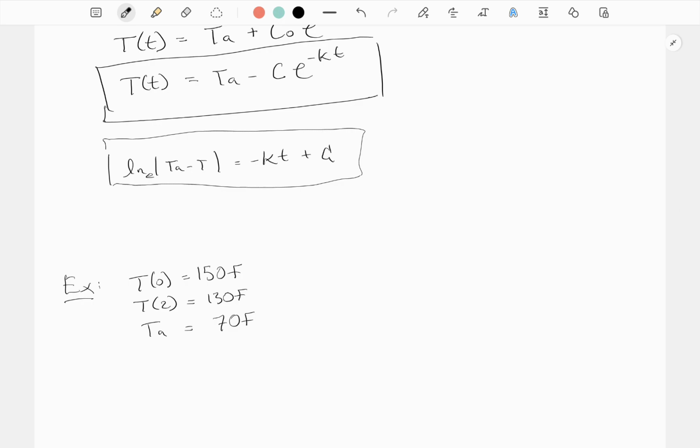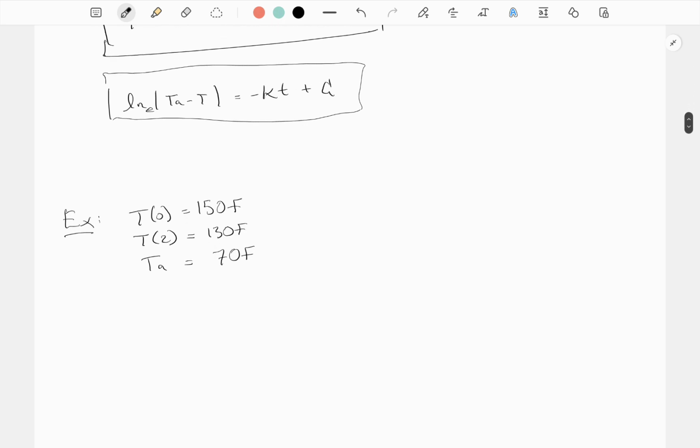Okay, so let's solve for k and c. Well, Ta is not unknown anymore. So we're going to use these data points to solve for k and c. We're going to plug them in, and then we're going to isolate for the time. The question in this problem is, I want to drink my coffee at 110 Fahrenheit. So how much time?